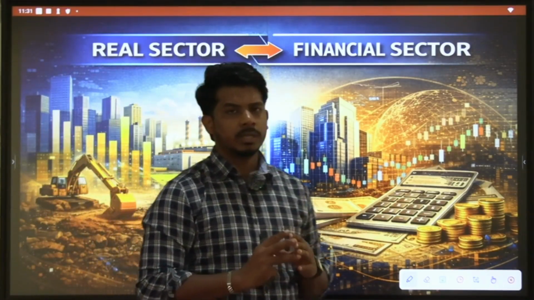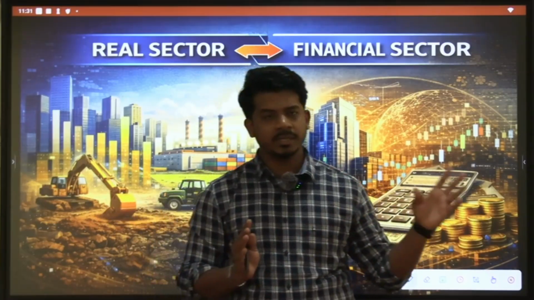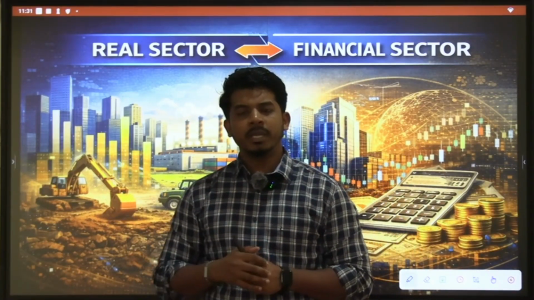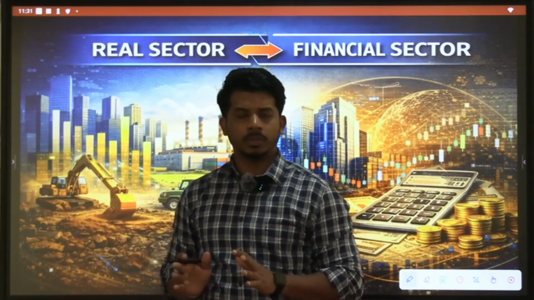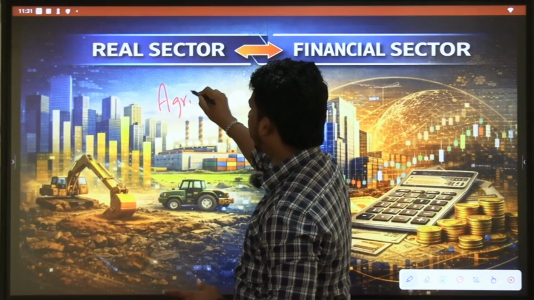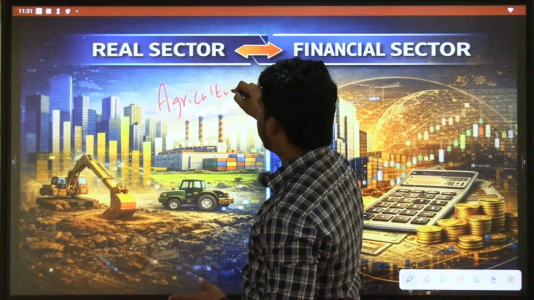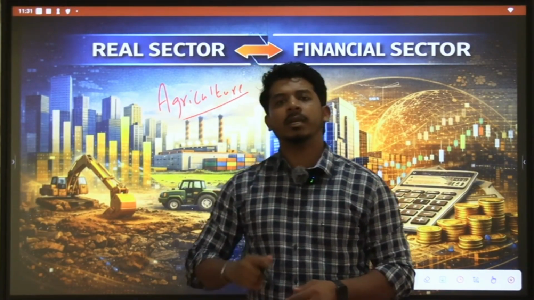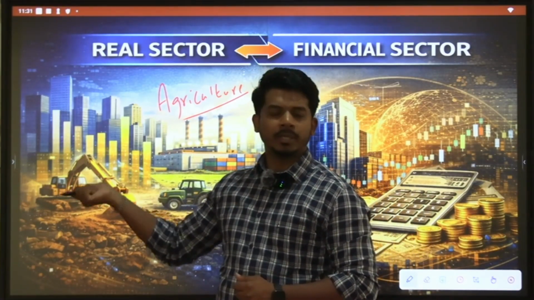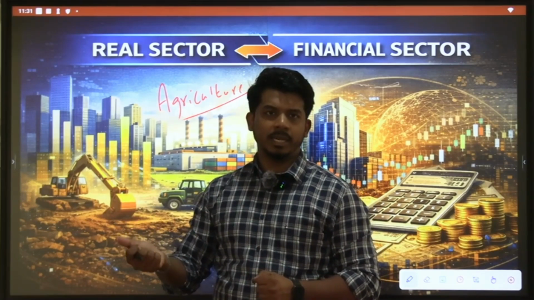See, there are two things. One is the real sector, another one is the financial sector. What is the real sector? Where things are actually produced, like agriculture. In agriculture, you put seeds, you get crops, you harvest crops. This is actual, real production. You are creating a resource.